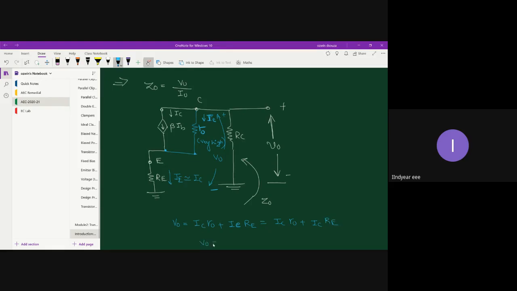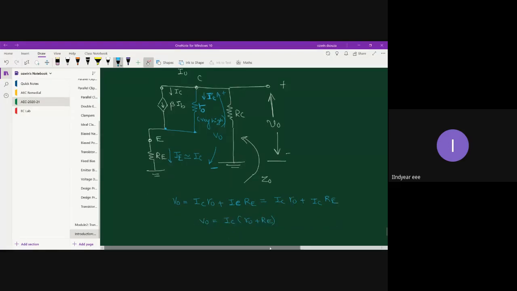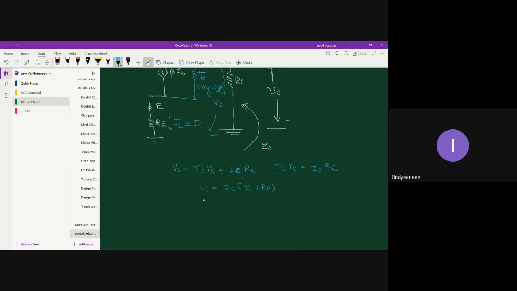So V0 is basically IC times R0 plus RE. Let's take the ratio V0 by IC and claim it as R0 dash. So R0 dash is V0 by IC, which is equal to R0 plus RE.